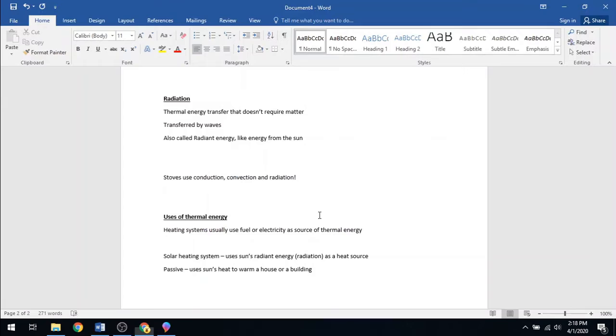So the other type is the opposite of that. It's called an active solar system. And this uses solar collectors to absorb radiant energy from the sun.